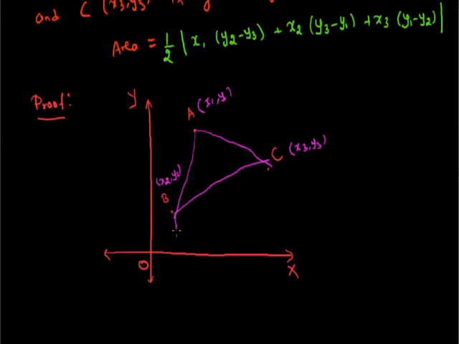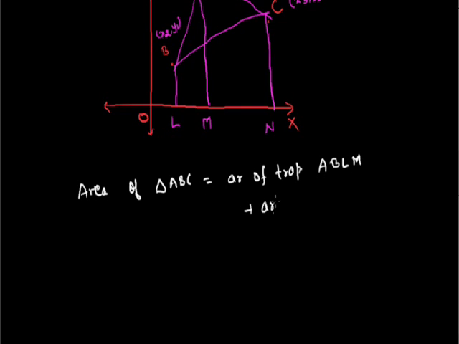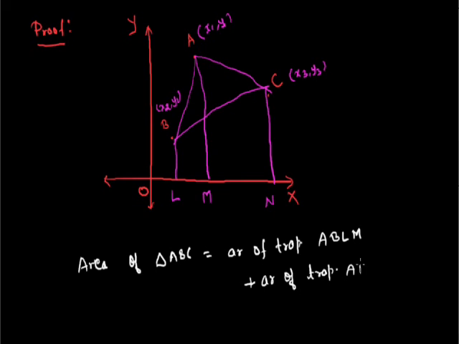Now draw perpendiculars from the vertices on the x-axis. Suppose these are L, M and N. Now the area of triangle ABC is equal to the area of trapezium ABLM plus the area of trapezium AMNC minus the area of trapezium BLNC.